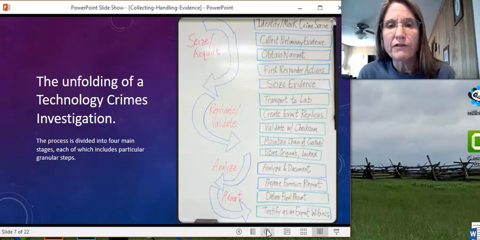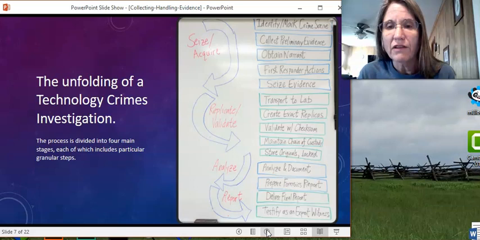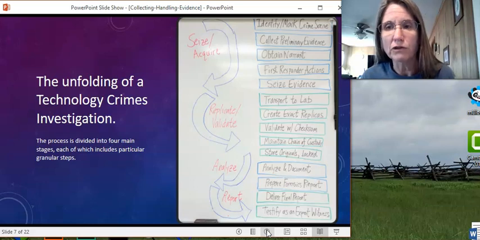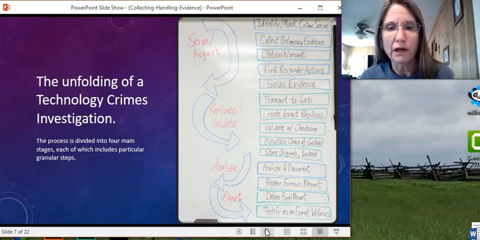After we have created digital replicas and validated that the replica is indeed of an identical nature to the original, we will need to study, analyze, and document what we have discovered, and then finally deliver that final report, which may also involve testimony by witnesses and expert witnesses before either a tribunal or in a court of law.